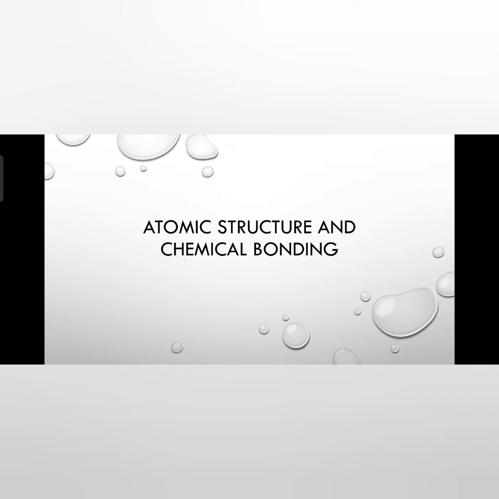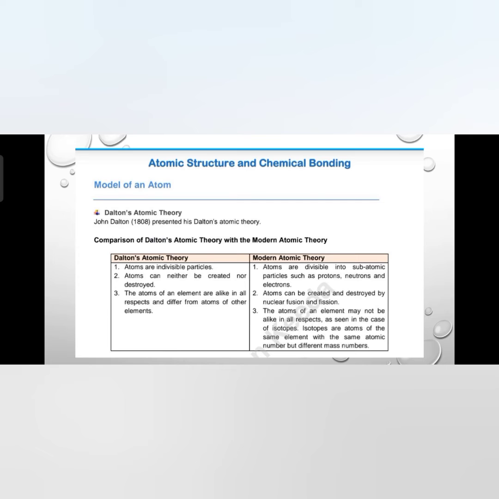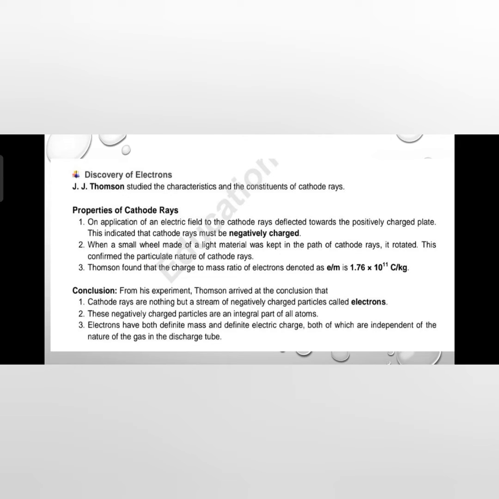The nucleus is positively charged due to the presence of protons in it, and the electrons are outside the nucleus and have negligible mass. The number of electrons in an atom is equal to the number of protons in it, hence the atom is electrically neutral.